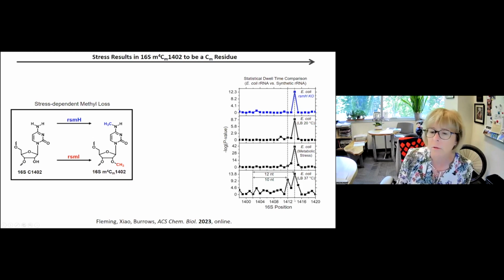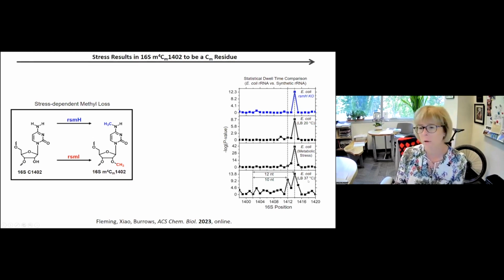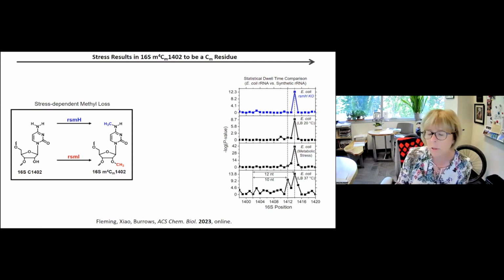So on the bottom, I show you the native E. coli grown at 37 degrees, and the position of interest is 1402, but for dwell time, we'll look 10 nucleotides toward the 3' side, and we see there's a dwell time signature there. That's interesting. There's also another change that occurs at 12 nucleotides.